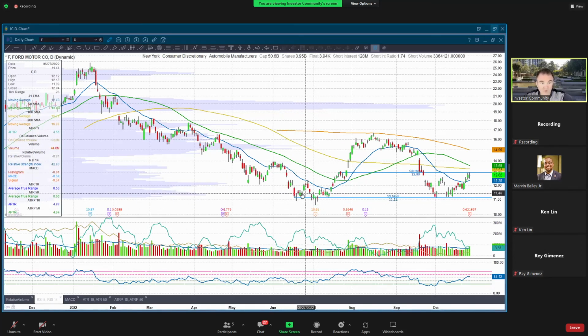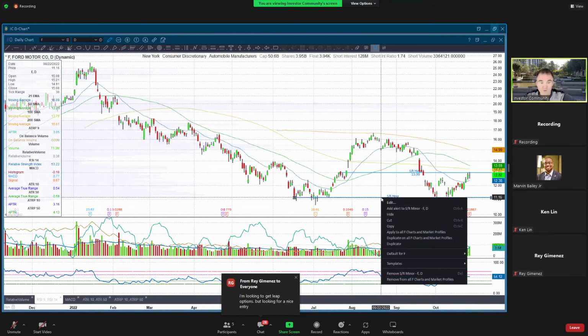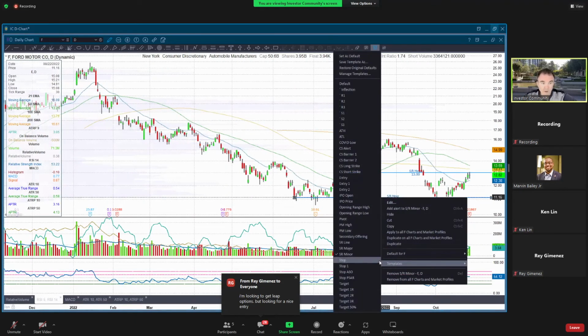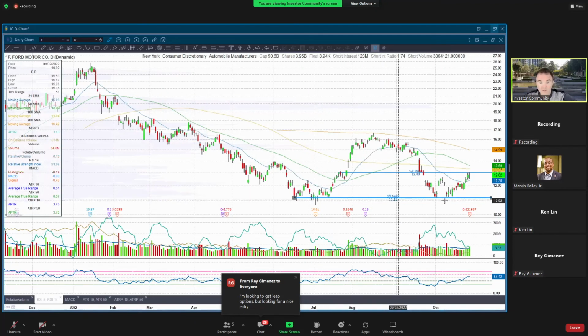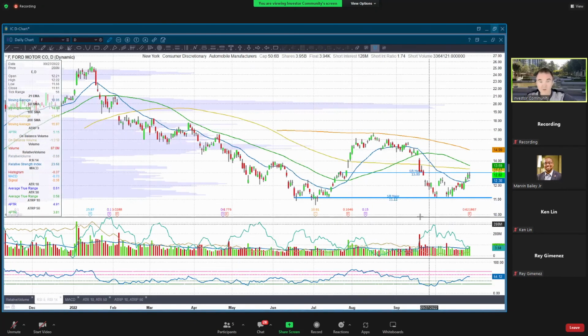Going back into June and July, we bounced off of there again. So actually, this should be drawn in as a major support level. It would be quite surprising if this level breaks, having tested it successfully so many times. But we've got this little minor resistance.